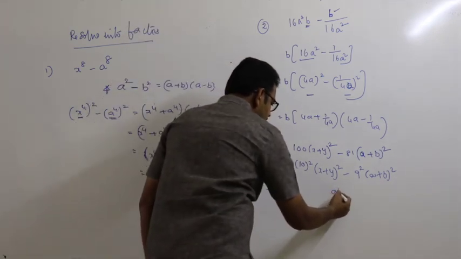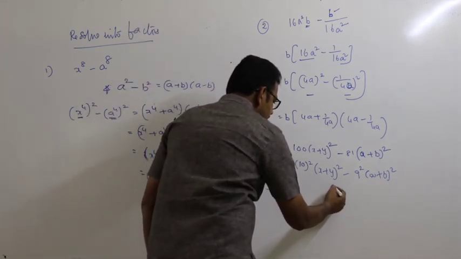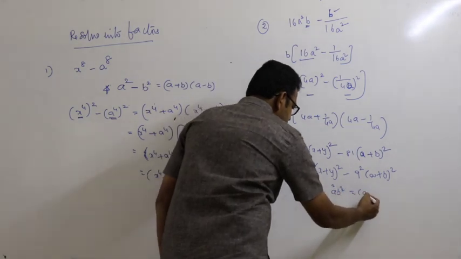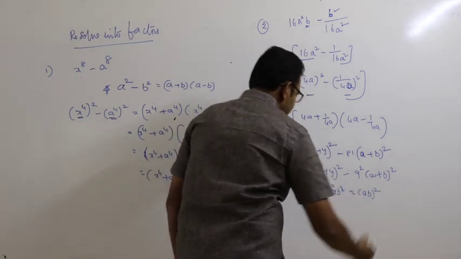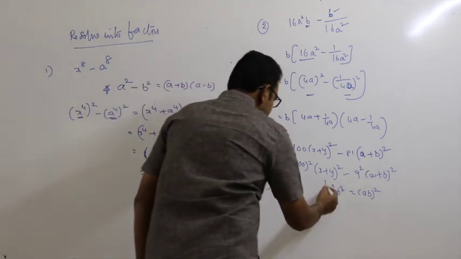Now a square b square can be written as ab whole square.